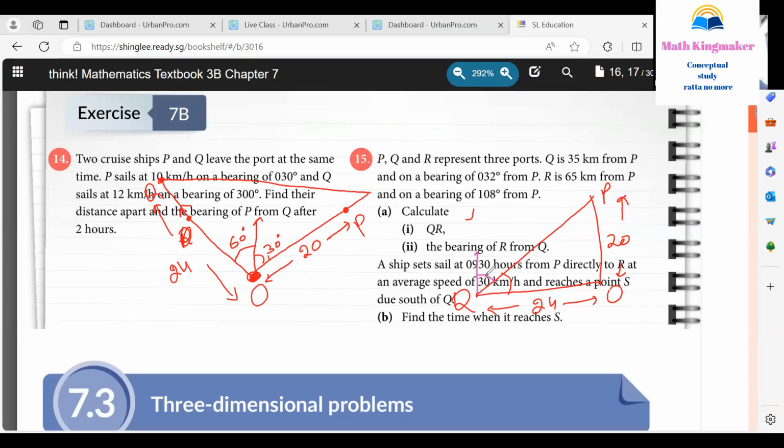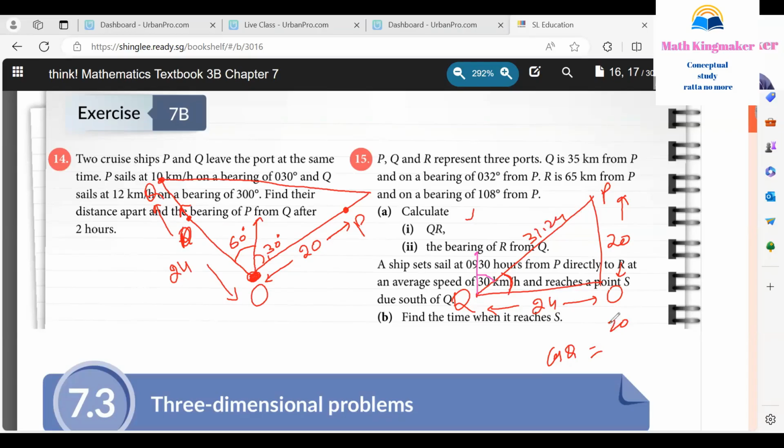So the answer is 50.22. Maybe you can calculate this. Cos Q equals, how much was the hypotenuse? 31.24.